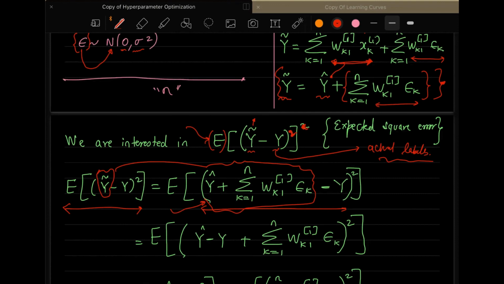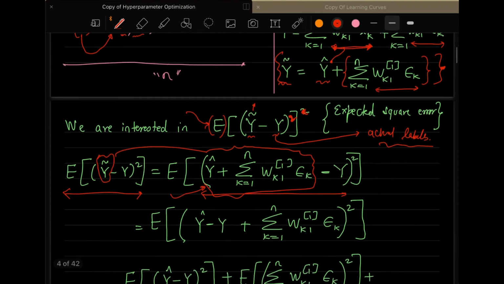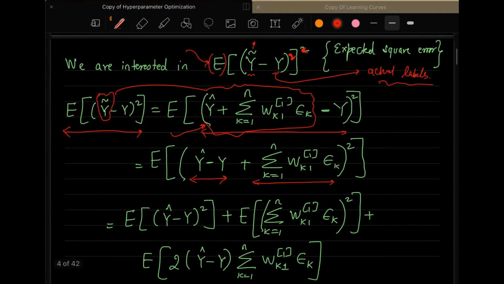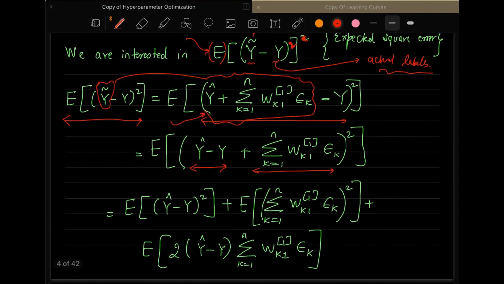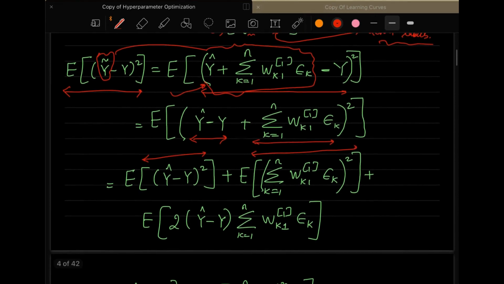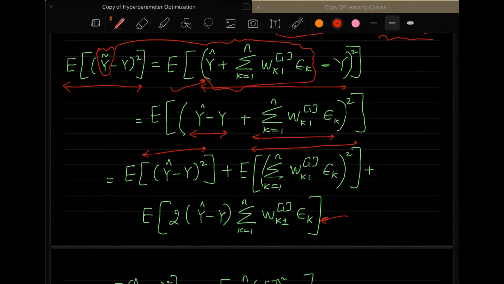Now I am just adjusting the terms, just a readjustment, and then we are expanding it as (a plus b) whole square. So this is your a square, this is your b square, and this is your 2ab term. This is the simple expansion of (a plus b) whole square.